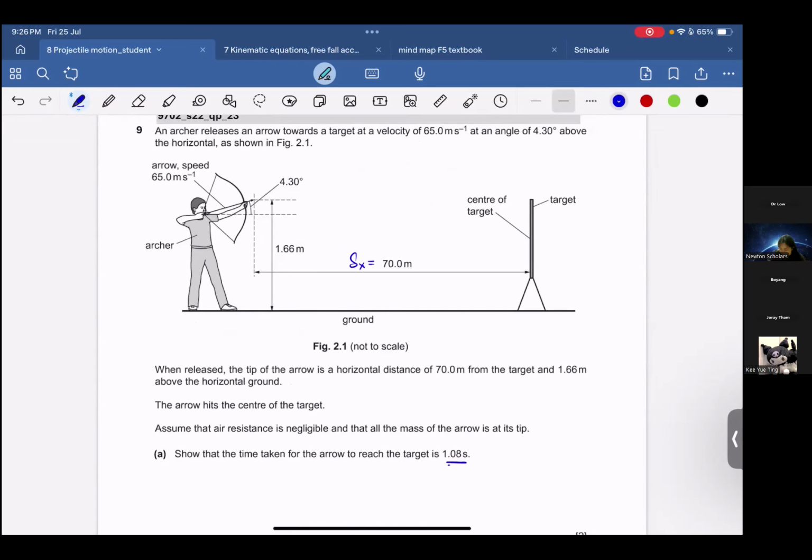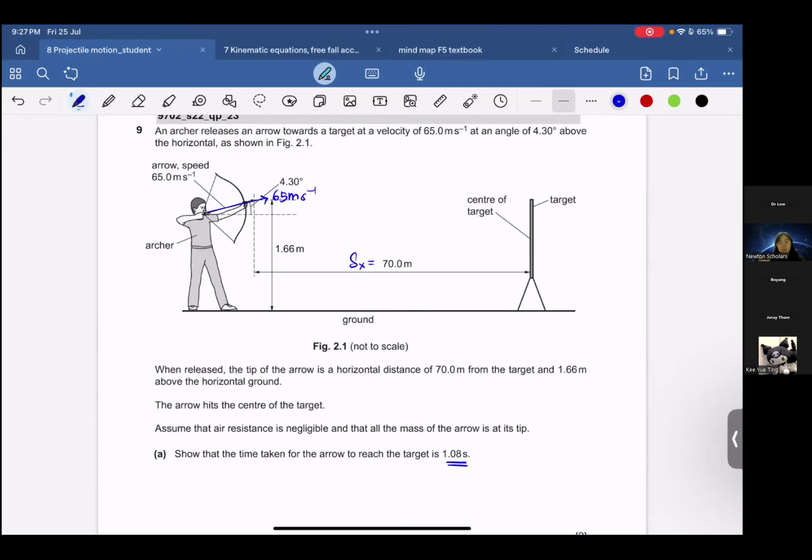Calculate the time. Do you have UX? Let me have a look. 65 meter per second. So you can find it out, your UX, and then use your SX to find the time.